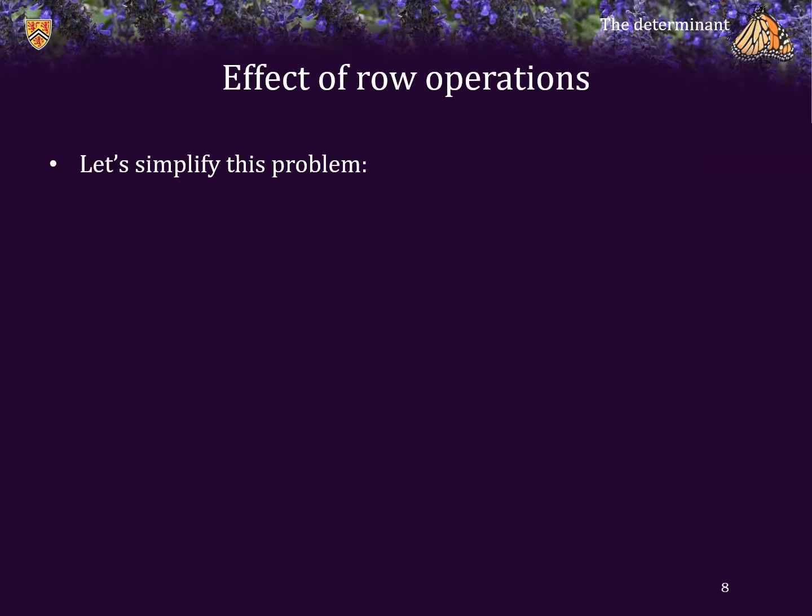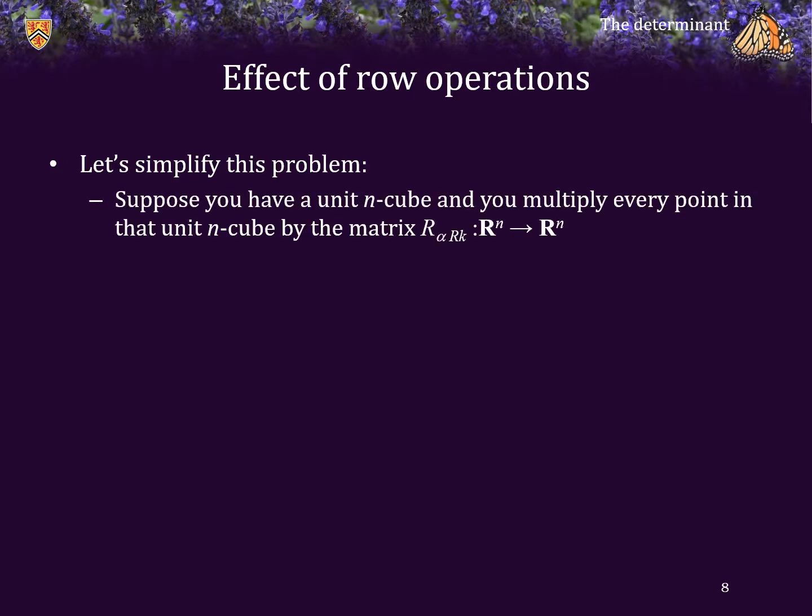Let's simplify this problem. Rather than looking at an arbitrary matrix, let us consider taking the unit n-cube and multiplying every point in that unit n-cube by the matrix R_alpha,k. So this is a row operation that multiplies the kth entry of a vector by the scalar alpha.